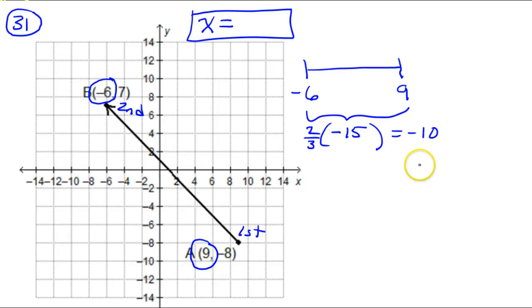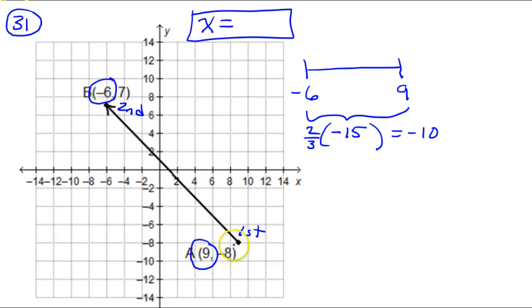Now, once I know that I need to go -10, to figure out exactly where that's going to put me, I'm going to take my -10 and add it to the first number. See how my first number is 9?